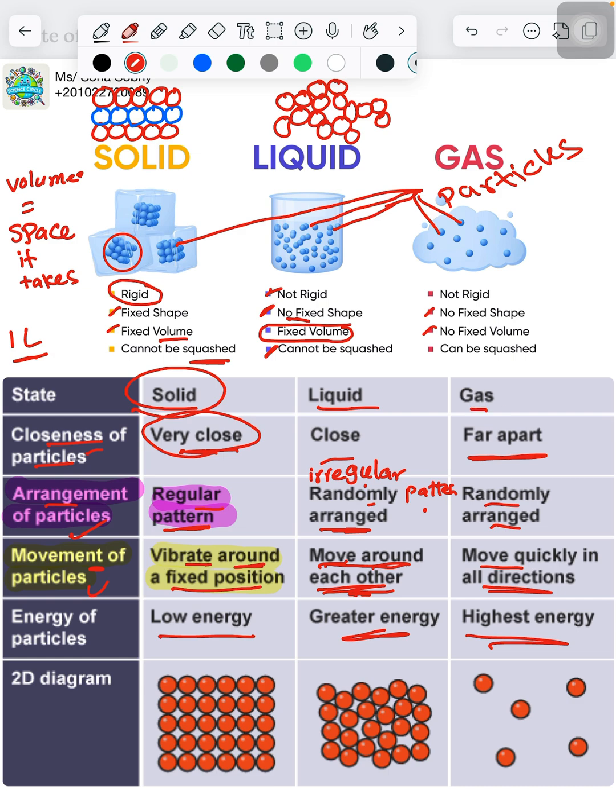And particles of gas also are randomly arranged. Solids move by vibration around a fixed position, but liquid particles can move around each other or slide over each other. And finally, gas particles move quickly and randomly in all directions.